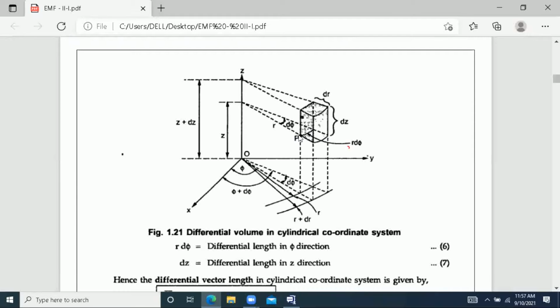Your R plus your dr gets you to here. You need this side and this side, right?